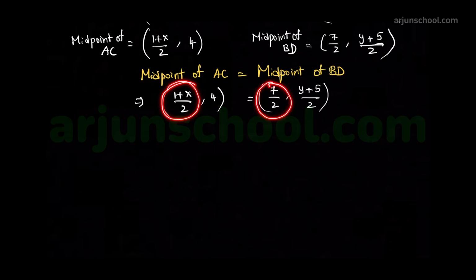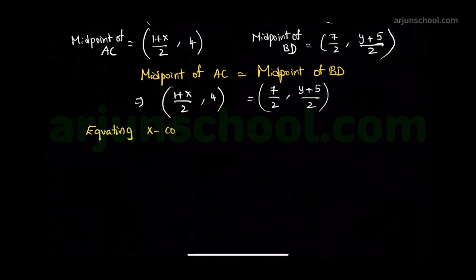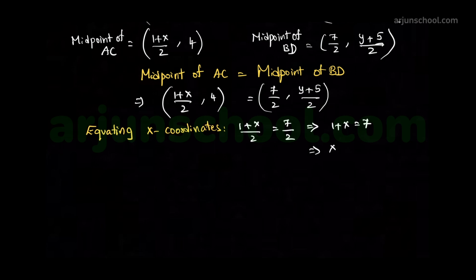Equating x coordinates: the x coordinate of the midpoint of AC, (1 + x)/2, is equal to the x coordinate of the midpoint of BD, 7/2. That implies 1 + x = 7, so x = 7 - 1 = 6.